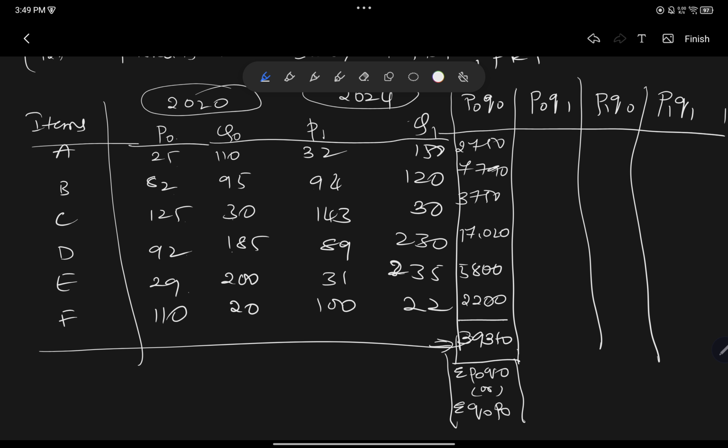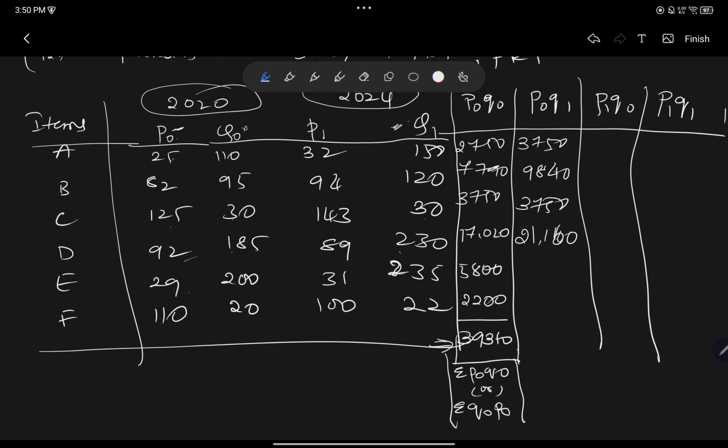Next is P0 with Q1. Now we need to multiply this with this. 25 into 150 is 3750. Next, 82 into 120 is 9840. Next, 125 into 30 is 3750. Next, 92 into 230 is 21,160.